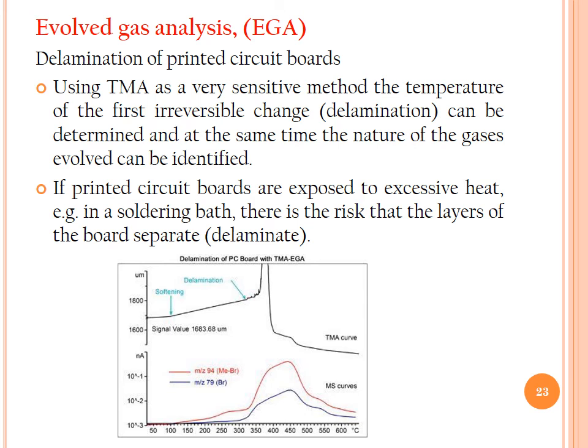From the lower figure at the bottom, one can identify what kind of material is evolved as the result of the TMA curve at high temperature. The red line is for mass to charge ratio 94 and the blue line is for mass to charge ratio 79. Mass to charge ratio 94 is methyl bromide, while 79 represents bromide.